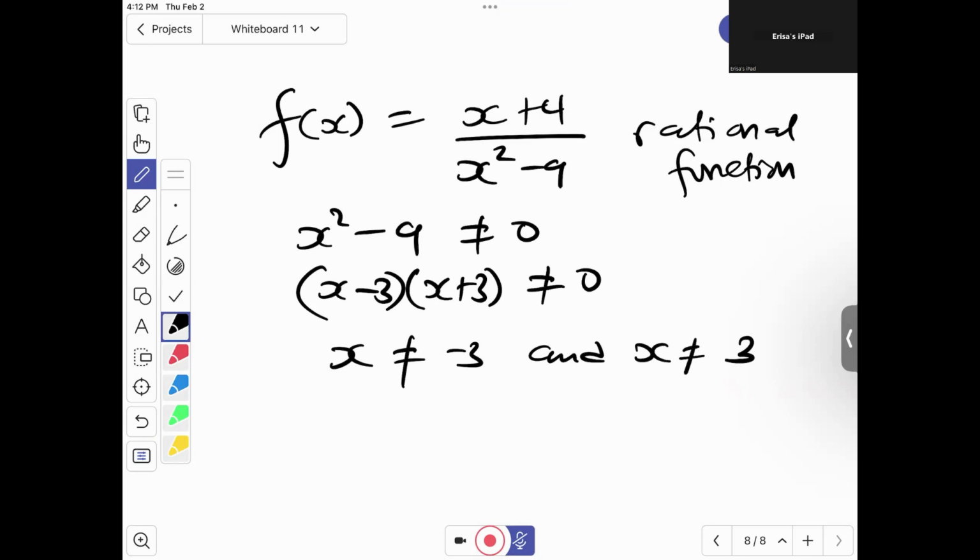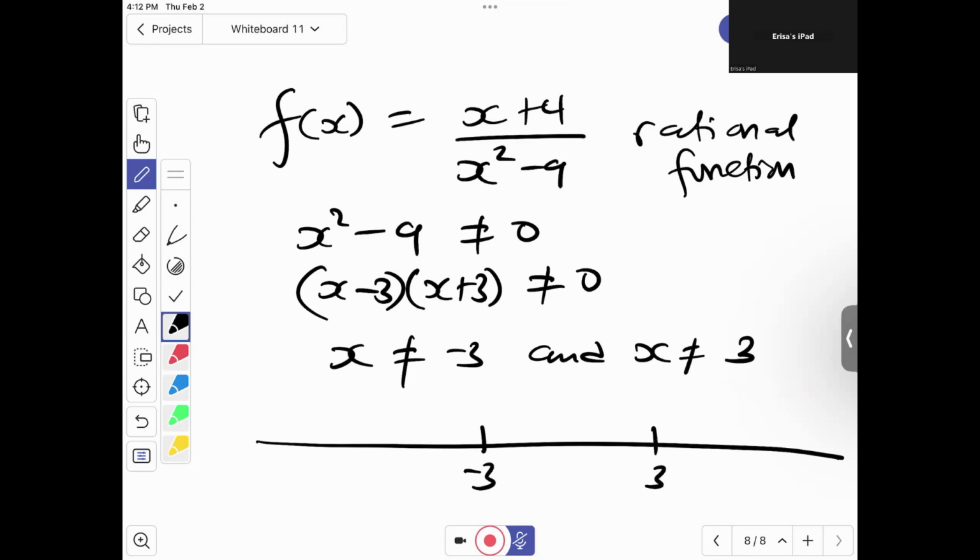If x is negative 3 or x is positive 3, then the function is not defined. So we come to the number line here. We don't want negative 3 and 3.